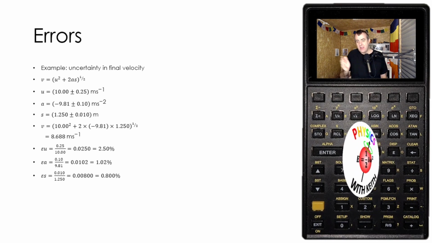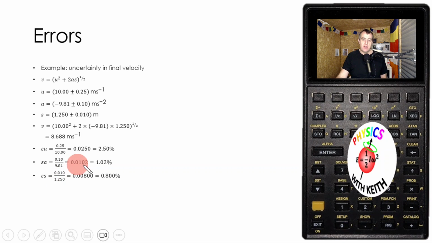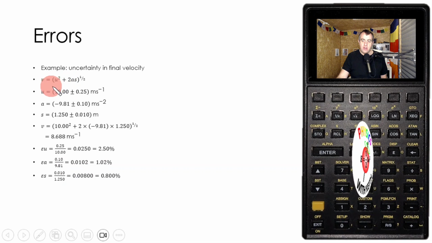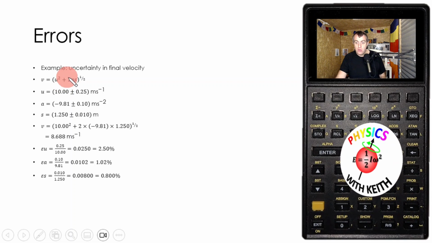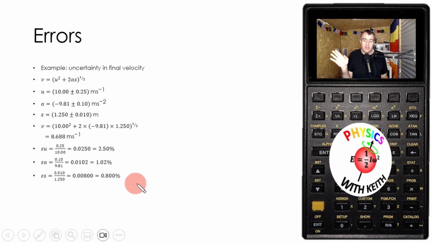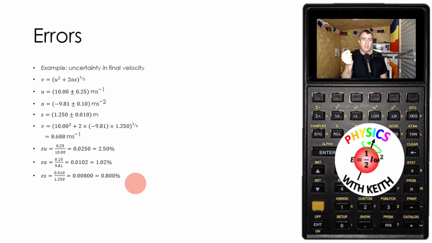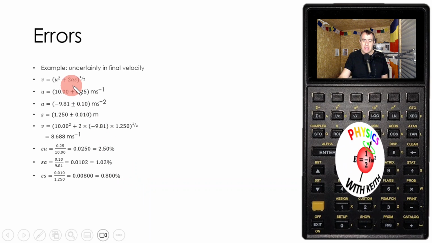Now what we can't do is just add them all together. That would not be correct, because if you look at the equation, the u is being squared, and then it's being added to 2as, and the uncertainty in the number 2 is 0. There is no uncertainty in the number 2. We know for certain that 2 is 2. So what we're doing is we're multiplying a by s.